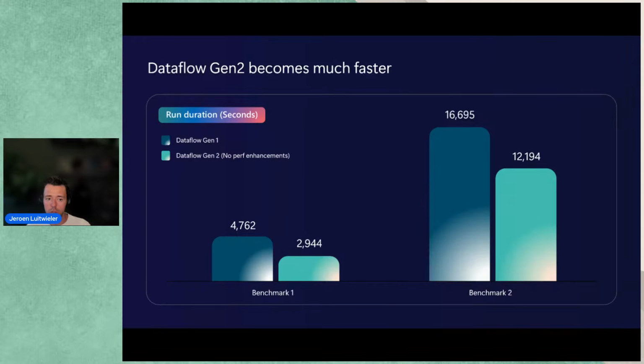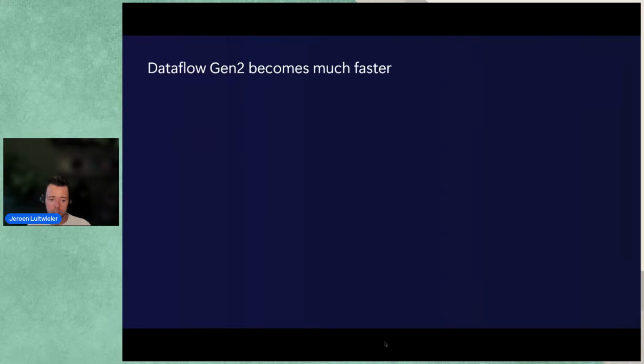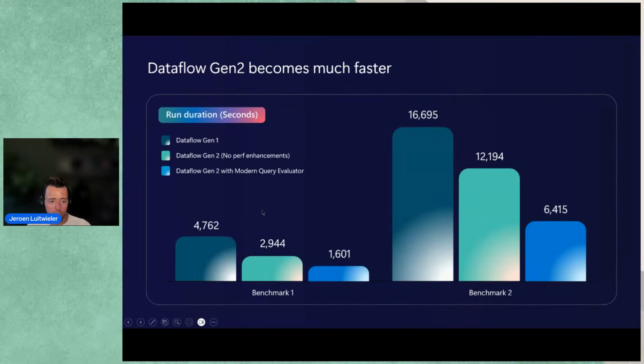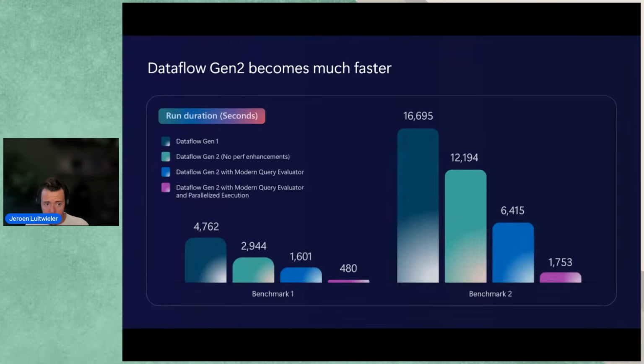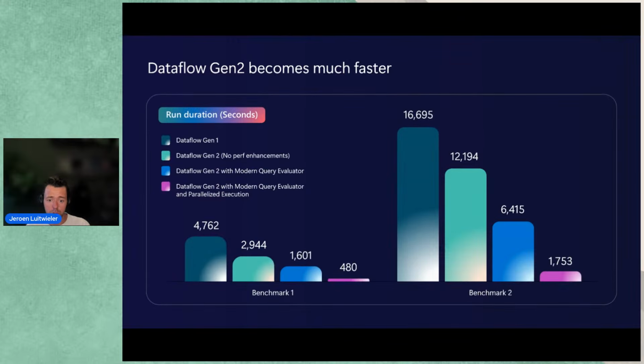So if we look at the benchmark that we did before, benchmark 1 is Dataflow Gen1, and then we compared it to the old Gen2, and then we added the modern query evaluator, which already cut the run duration in half from the original Dataflow Gen2. And including the parallelism, you get even closer to just that 1.7 seconds that's needed for this whole data flow to run.